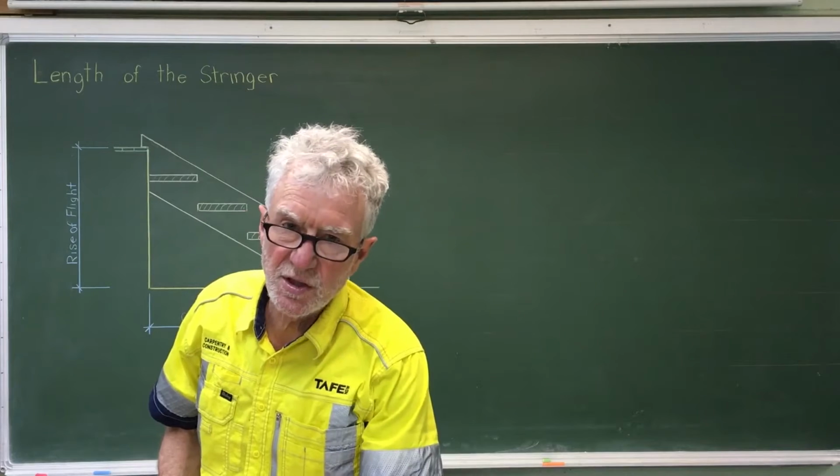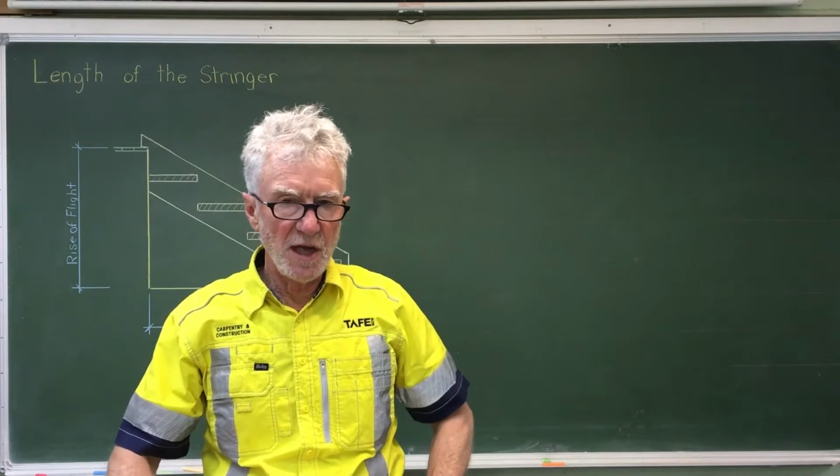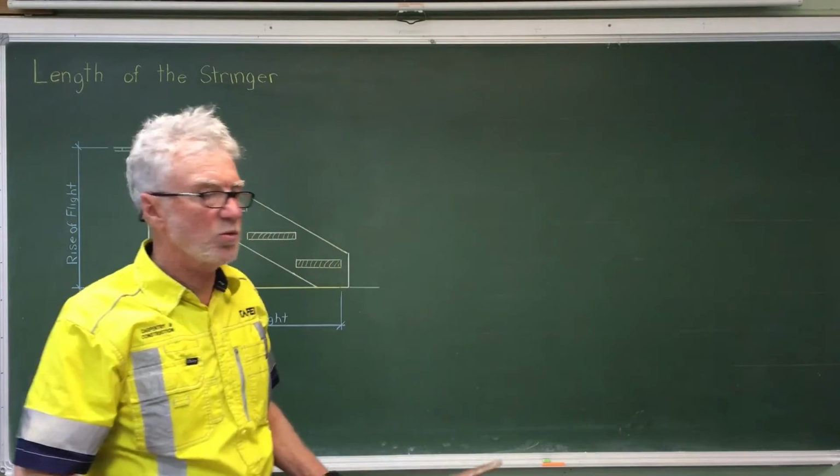However, if we use these in a triangle and do the Pythagoras calculation, we don't get enough timber. Let's see why.